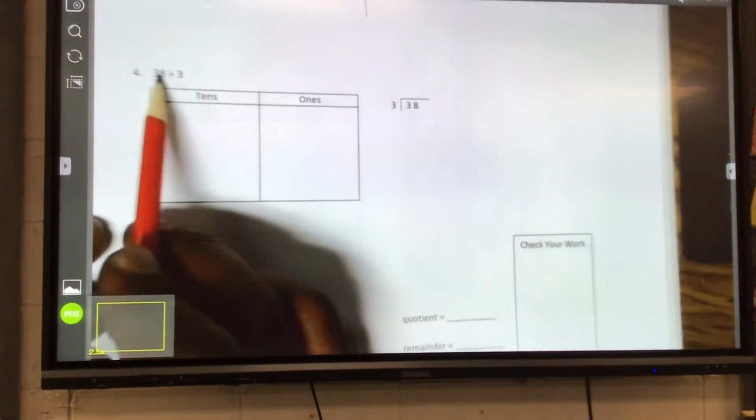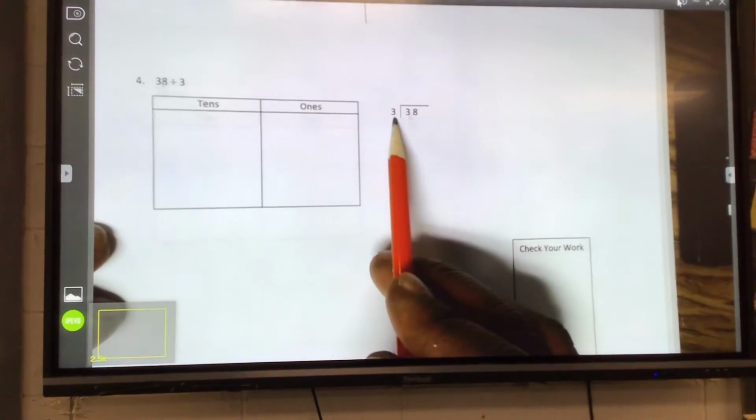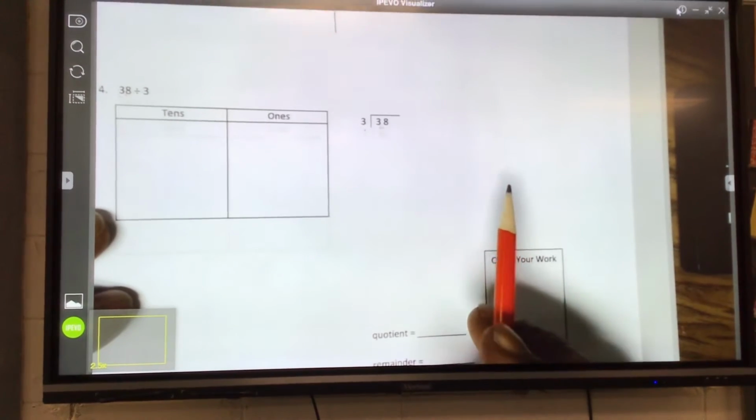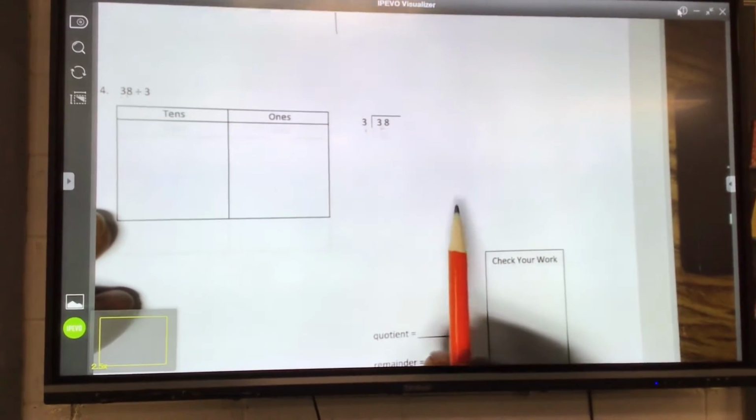So it's 38 divided by 3. So yes, you're going to write 38 this. Alright, but I'm going to put them in groups of 3.